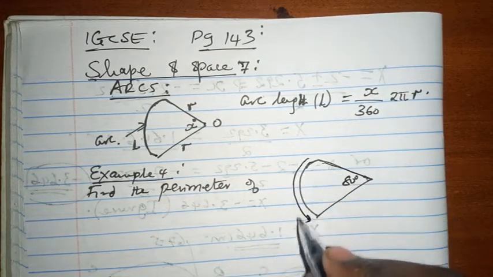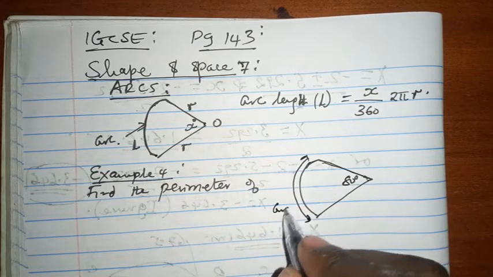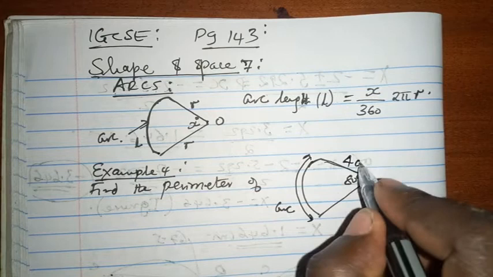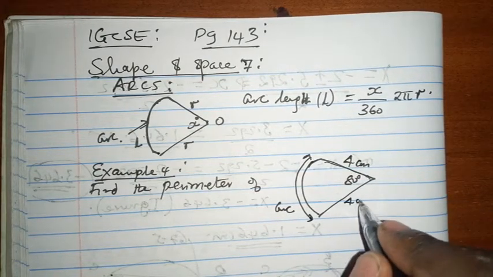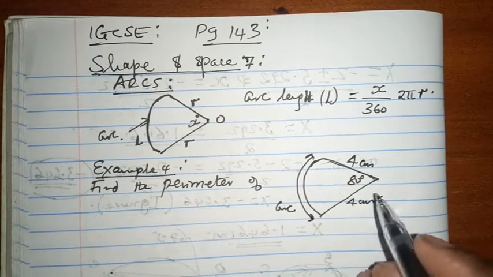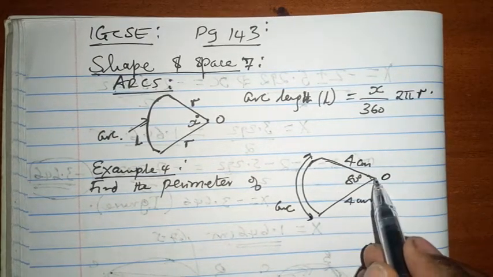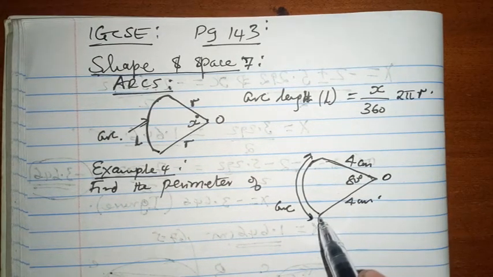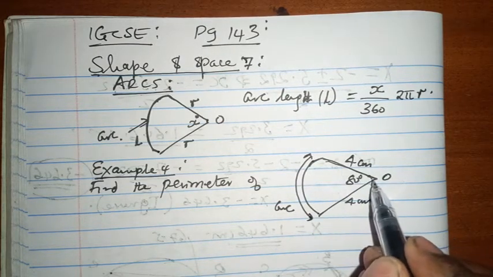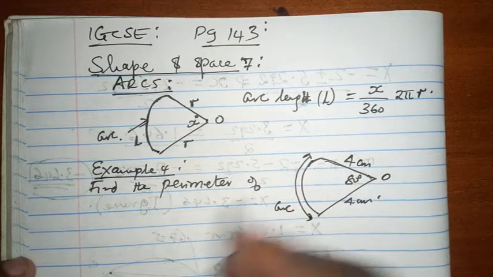This is now the arc. The radius of the circle is 4 centimeters. The perimeter is the distance from here, cover the radius, cover the arc length, and cover this other radius to go back to the starting point.